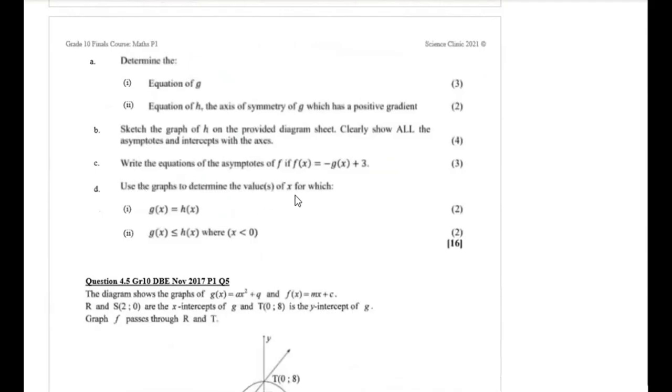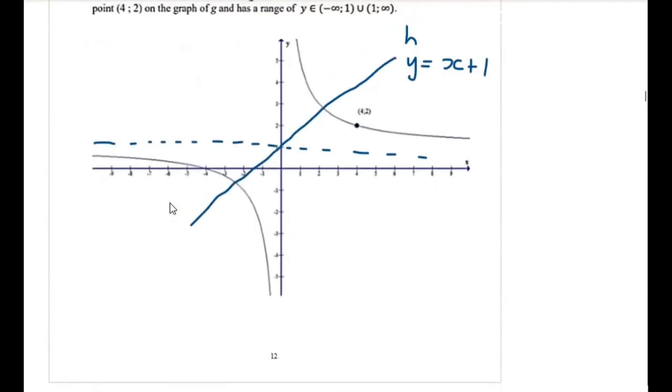Use the graphs to determine the values of x for which g of x is equal to h of x. Okay, so we're looking for where they're going to be equal. And they did say use the graphs. I think I've drawn this accurately enough. So it looks like that's going to be at the point 2 and 3.